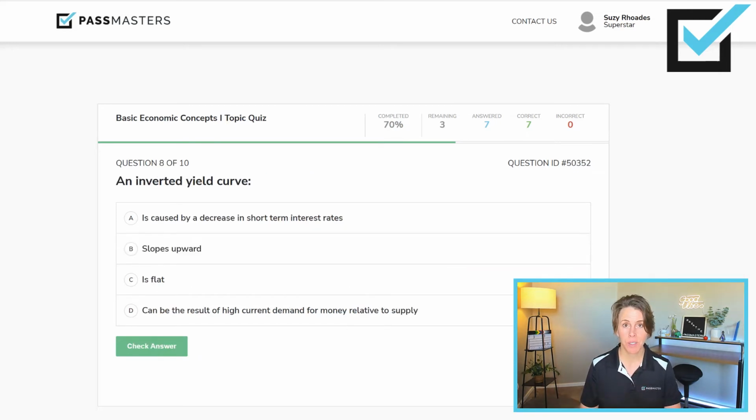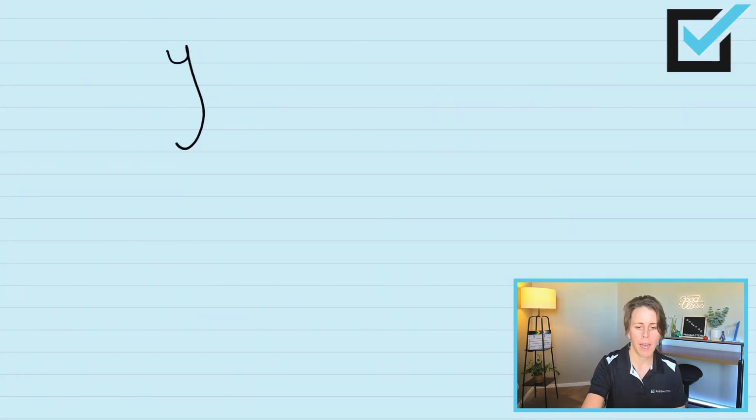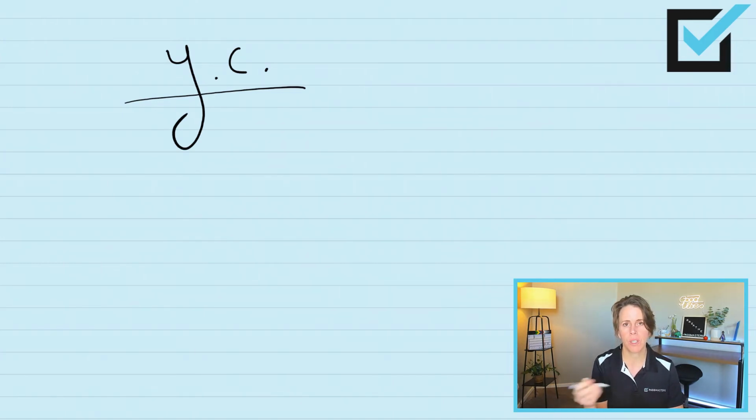An inverted yield curve. What's that? Let's look at it before we look at the rest of the question. So when we have a yield curve, we're looking at the yields. There are different ones you can look at, but for the test, we're going to look at the yields on U.S. government securities.